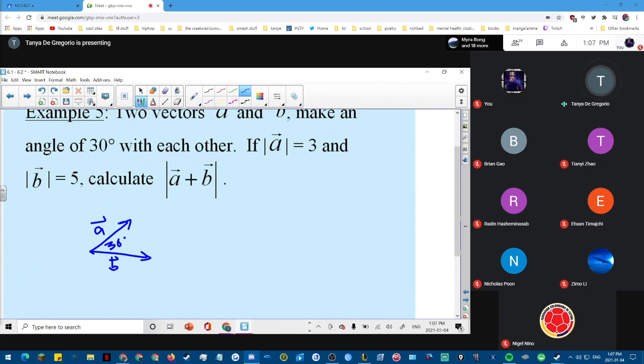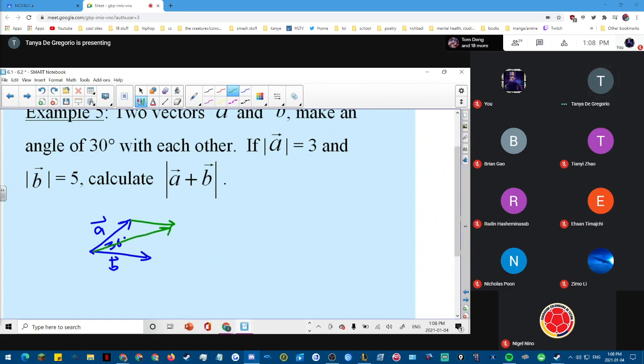Now, in order for me to find the resultant, I have to have them like this. So this B now has to go here. It's the exact same vector and it's the exact same length, but because now I'm adding, in order for me to get my resultant, I must do it this way.